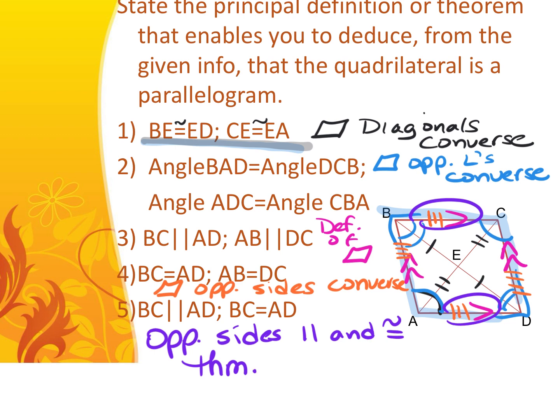So this last one is a theorem, it's not a converse, and it's not the definition. So again, you're either going to describe what the theorem stated as an if-then statement or give the name. Don't give me the number.